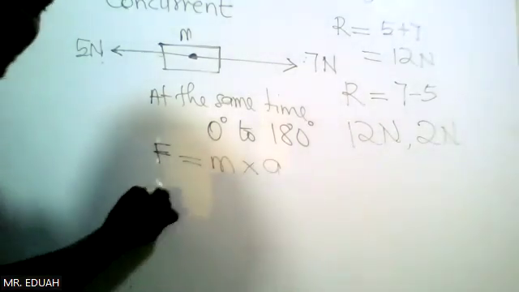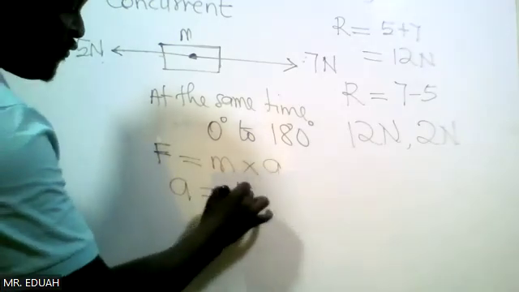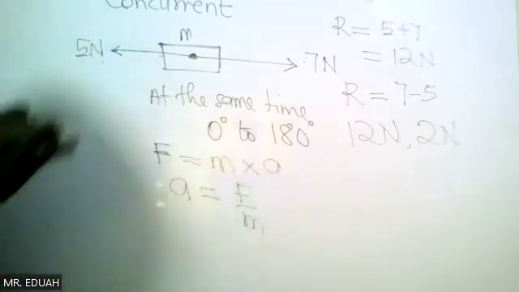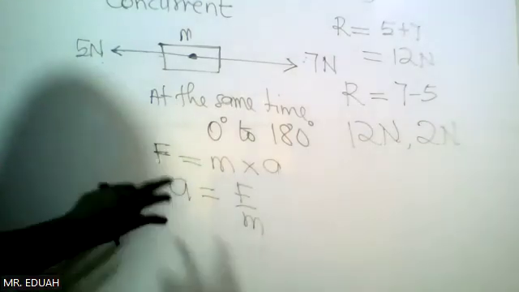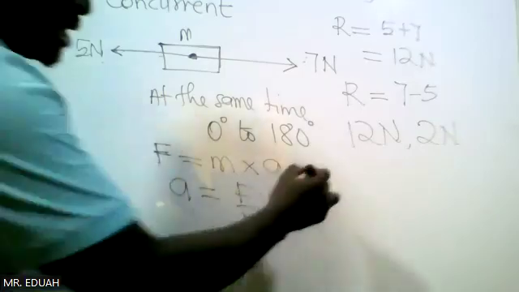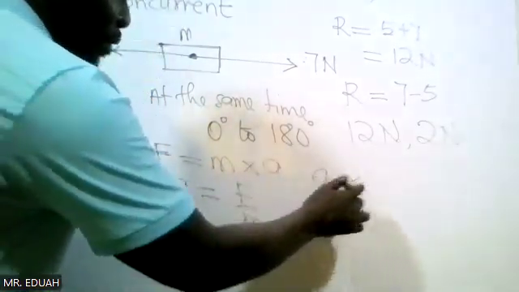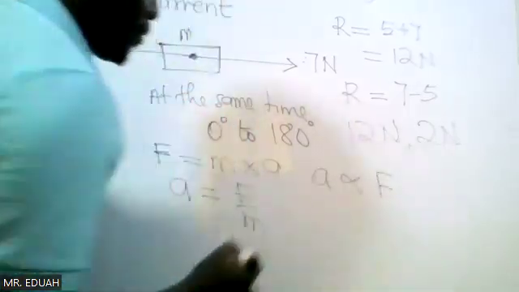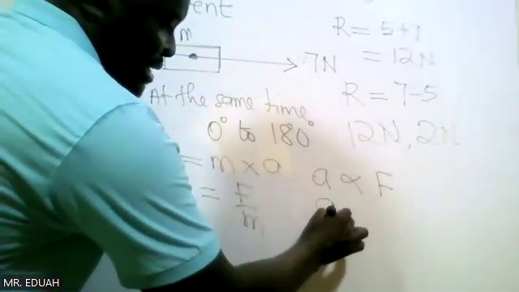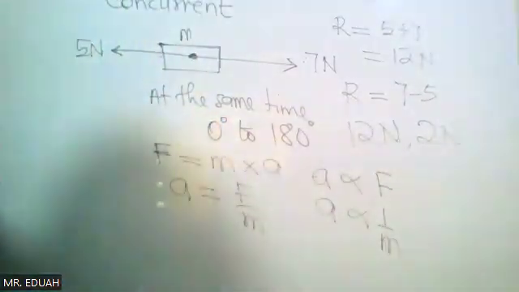Meaning that the acceleration of a body is equal to F over M. From this relation, we can deduce that acceleration is directly proportional to force, and the same acceleration is inversely proportional to mass.